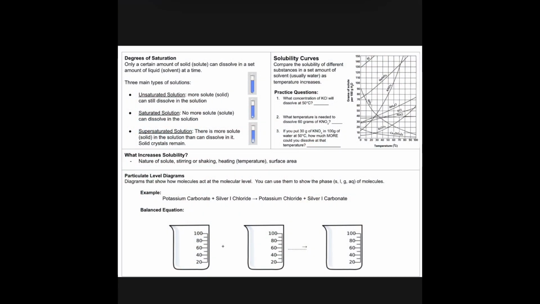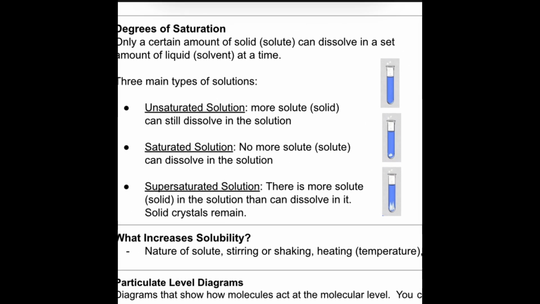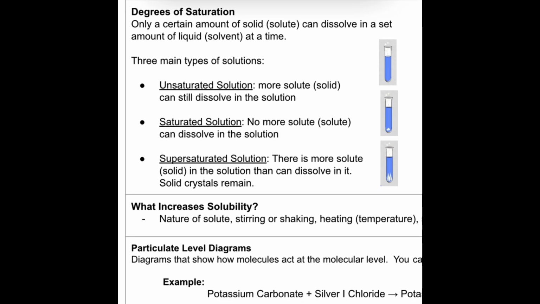Okay, so now we've talked about how ionic substances can dissolve. We've talked about what kind of substances can dissolve in water. Now we want to talk about degrees of saturation, which is a fancy way of saying how much solid I have attempted to dissolve so far. So let's just say I have a beaker, right? And that beaker has, I don't know, whatever.